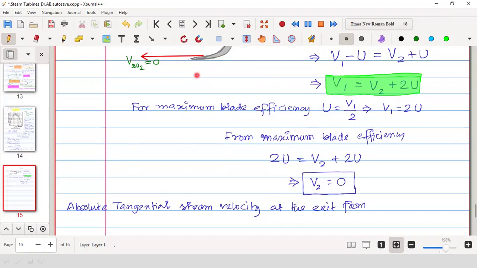Exit from the blade is 0. 0 for maximum blade efficiency.